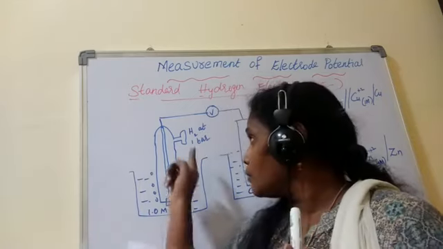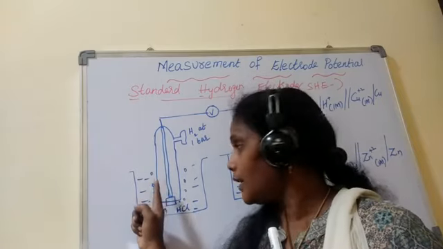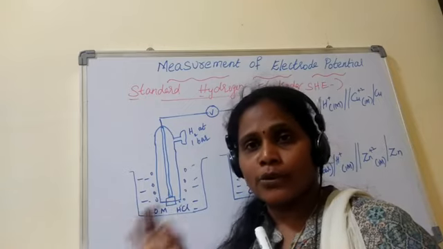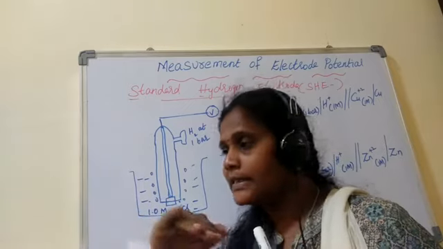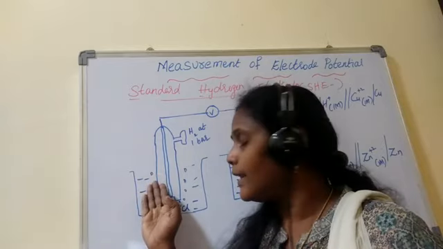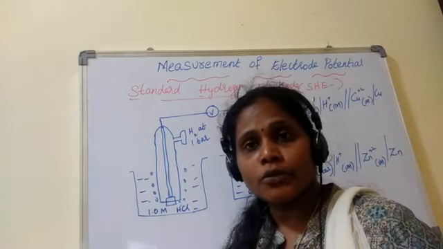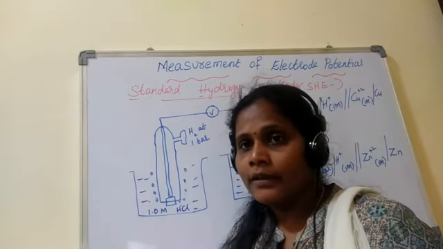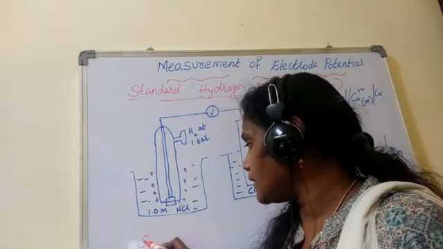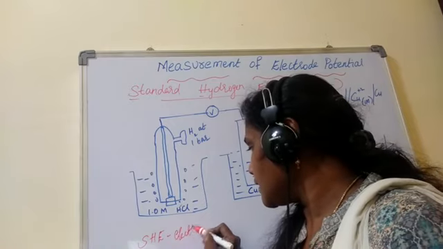So here this hydrogen electrode, its electrode potential is arbitrarily fixed as 0. If you see in the electrochemical series, it is in the middle. Its potential is given as 0 volts. Then based on this, the other elements' electrode potentials have been calculated, right? Therefore, we are taking this SHE electrode here. This is my SHE electrode, the hydrogen electrode. So what is this hydrogen electrode?